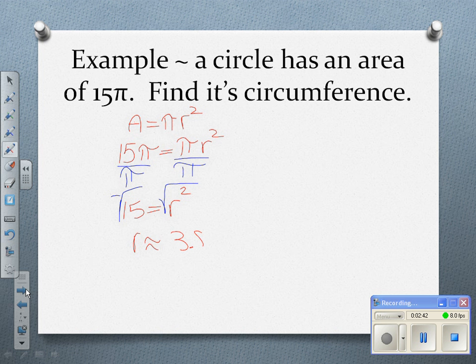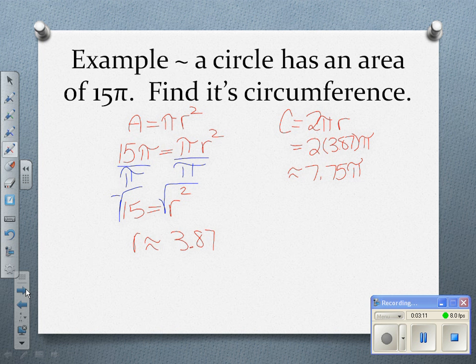If I take the square root of both sides, the square root of 15 is approximately 3 87/100. Okay, now we were asked to find the circumference, so now that I know the radius, I can find the circumference. So remember, the circumference is 2 pi r. So 2 times 3 87/100 times pi is going to give me about 7 75/100 pi.